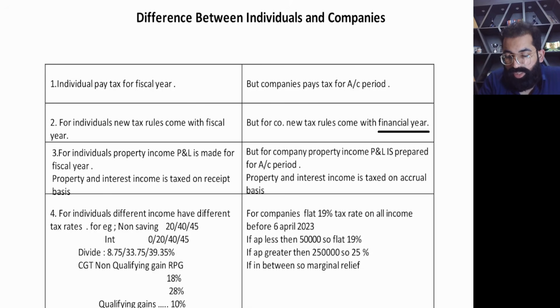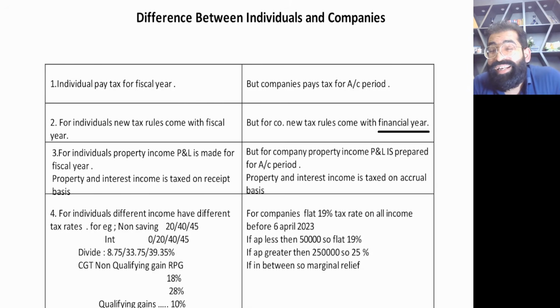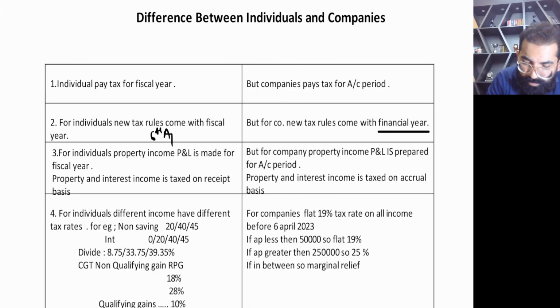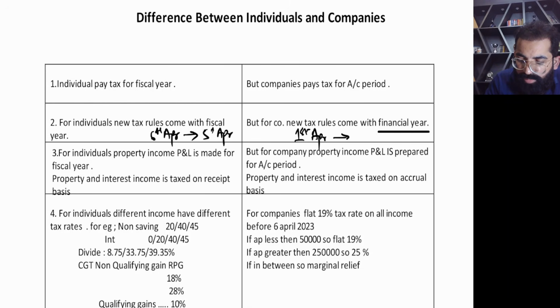The financial year starts on 1st April and ends on 31st March. But the fiscal year starts on 6th April and ends on 5th April. Let me write: the fiscal year is 6th April to 5th April, and this is 1st April to 31st March. This is the financial year.